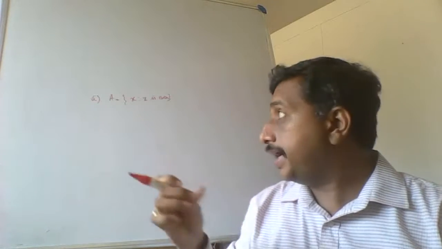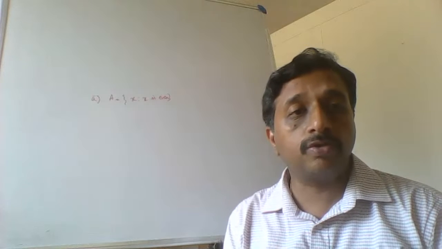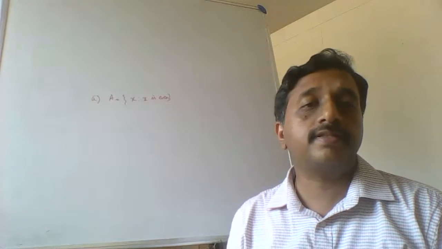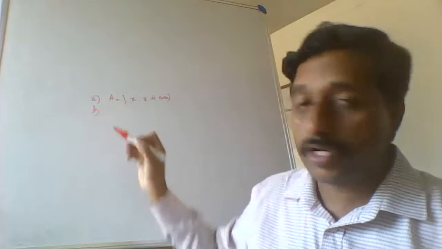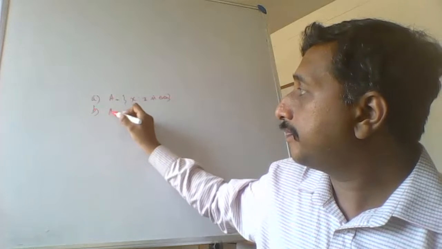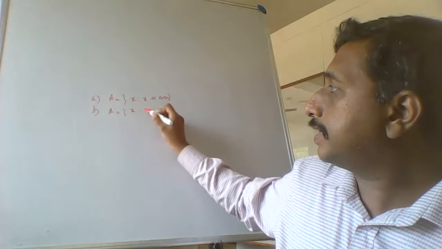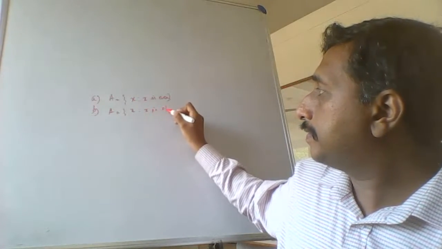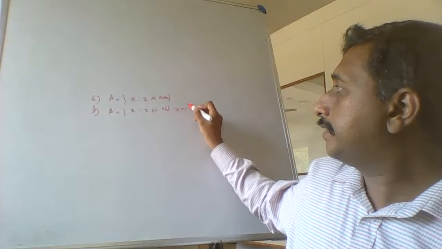Okay, so choice A: A is equal to x such that x is an even number. Another choice, B: A is equal to x such that x is odd, x greater than 1.